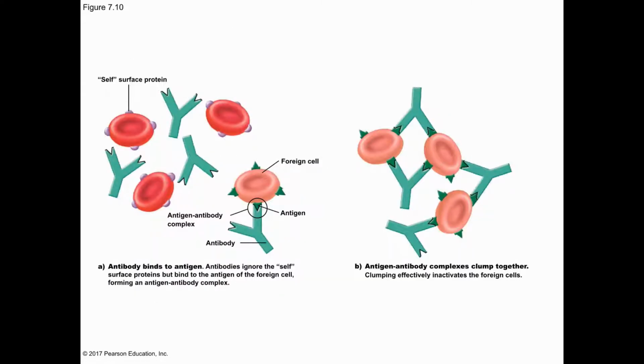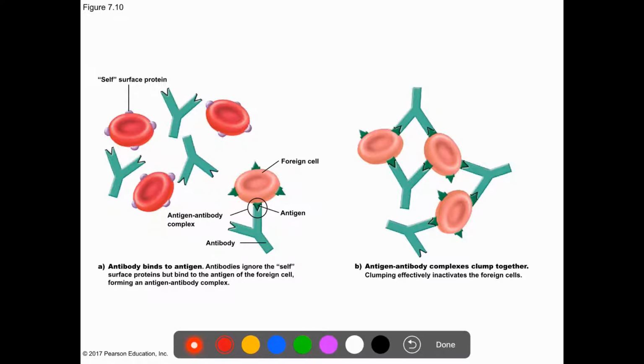Okay, so as you can see here, these are antibodies. This is antibody, antibody, antibody. This is a self red blood cell, self red blood cell. This is a foreign red blood cell.